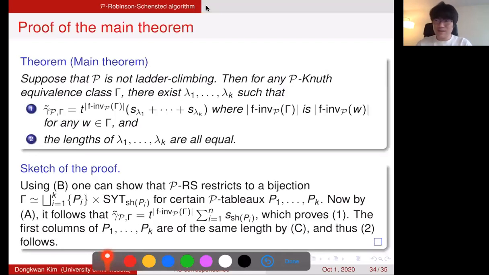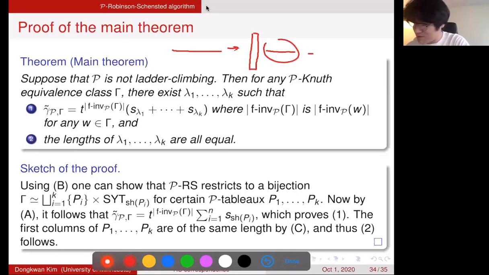And the second thing is that in each process, you have this chain in each column. So it's more like a column insertion rather than row insertion. You first start with a word and input it, and then you make some column which is a chain, and there will be some shorter word. Then you start with this one, put another chain, and have a shorter word, and you keep going.